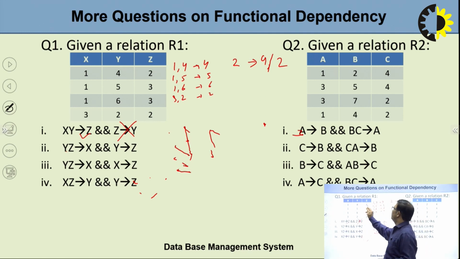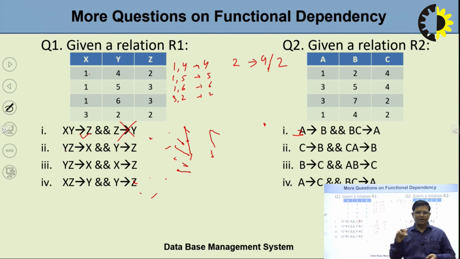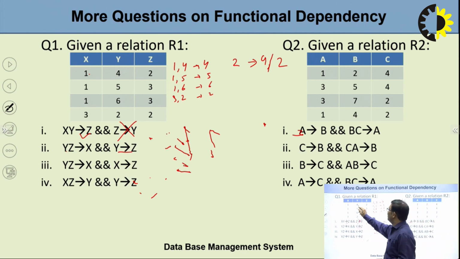It means on the basis of 4 2 we can find 1. On the basis of 5 3 we can find 1. On the basis of 6 3 we can find 1. 1 1 1. Common. So this is true. This is correct. But YZ, Y tends to Z: 4 5, 4 2 2, 2 2 2. This is wrong.